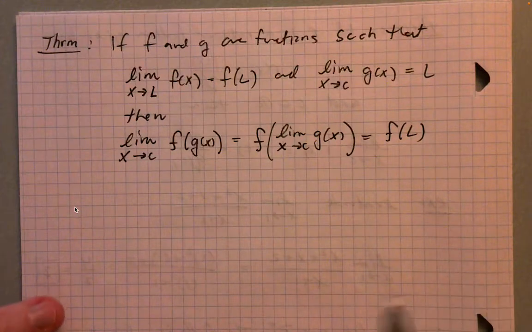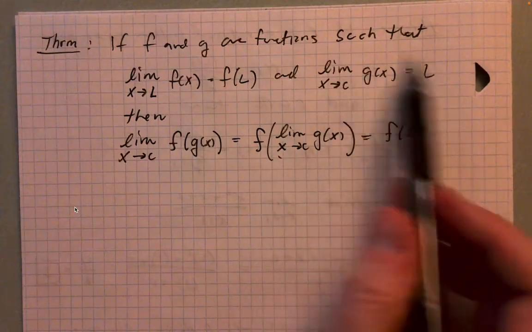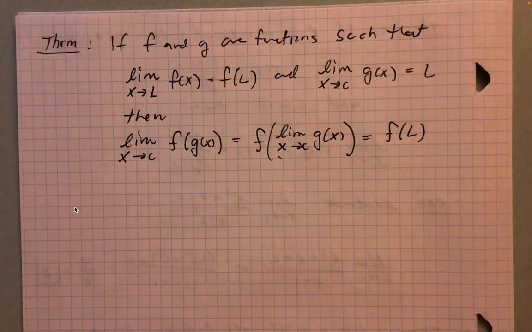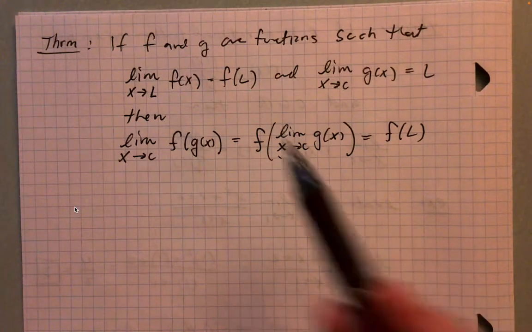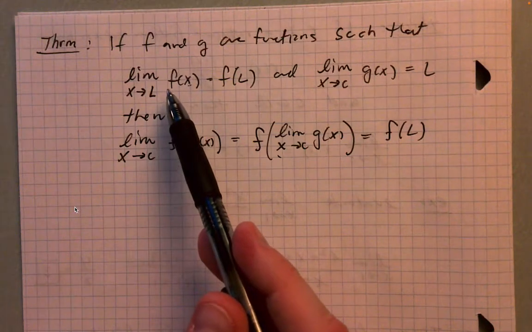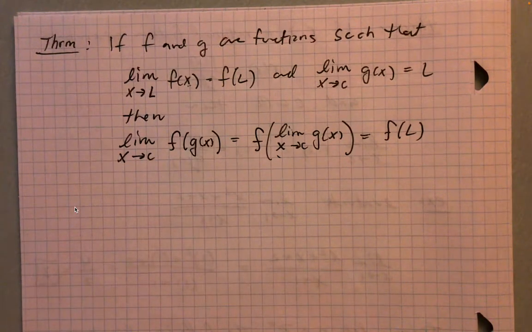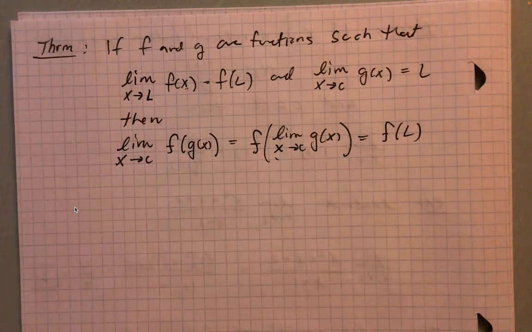Right, so this is a more complicated situation here. If the limit of the interior function, that's the g function here, is equal to L, and the limit of the exterior function, that's the f here, is equal to f of L as x approaches L, then we may move the limit into the composition.